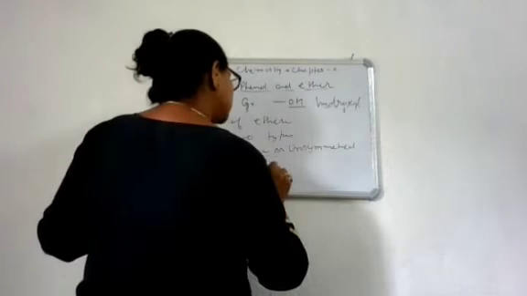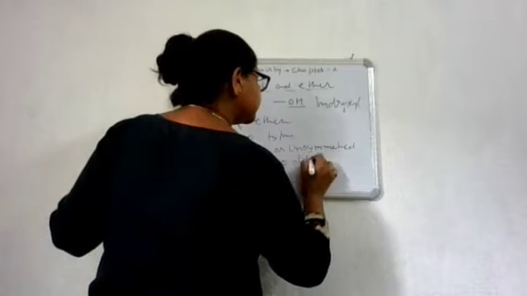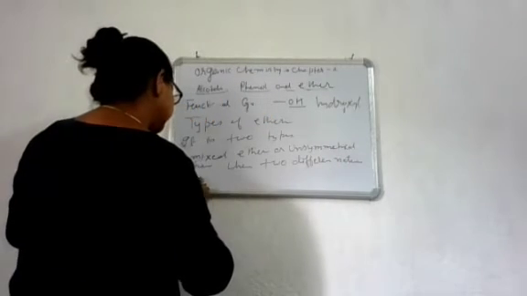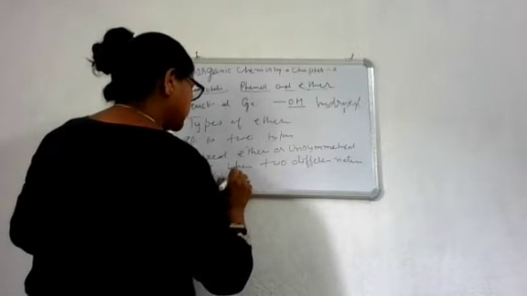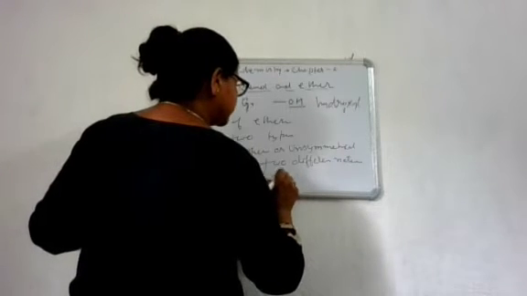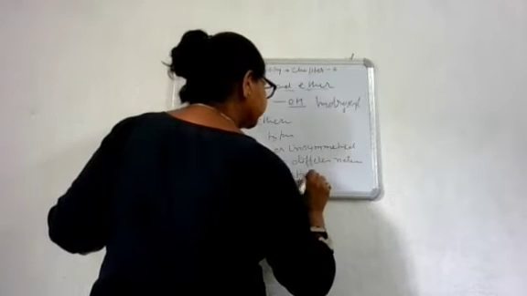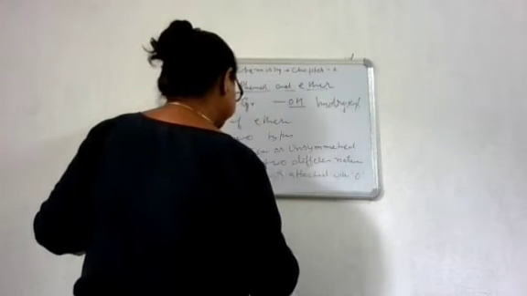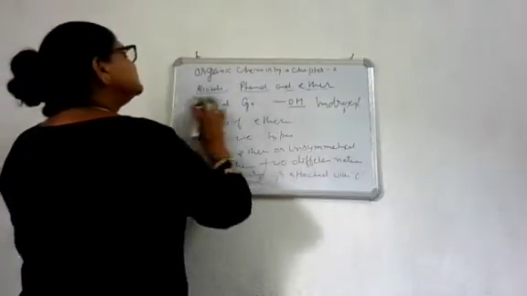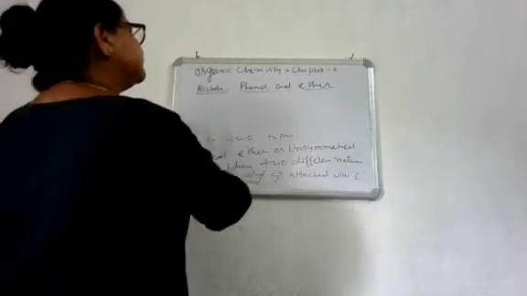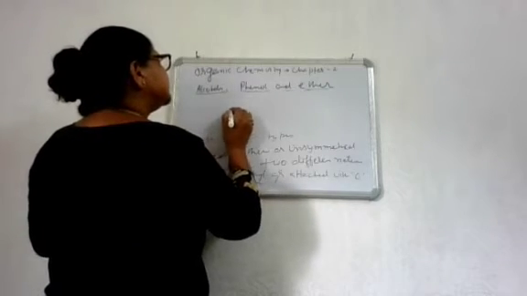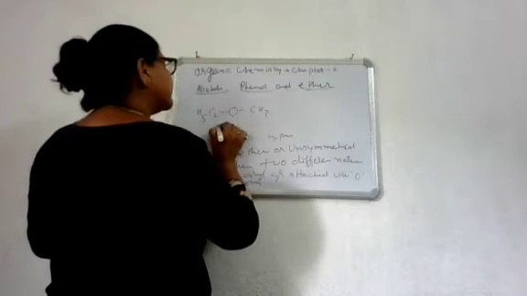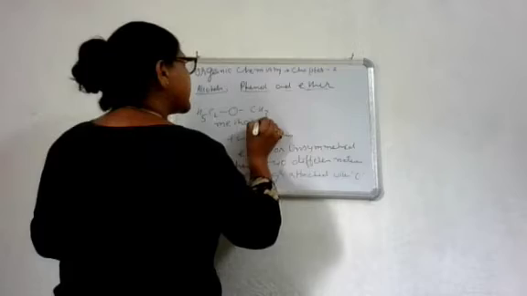This is when two different alkyl or aryl groups are attached to the oxygen atom. An example of unsymmetrical ether is CH3OC2H5, methoxyethane.